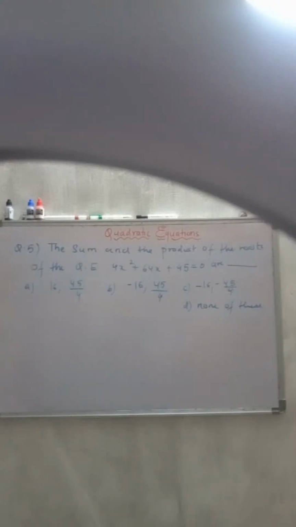So the sum and the product of the roots of quadratic equation 4x square plus 64x plus 45 equal to 0.